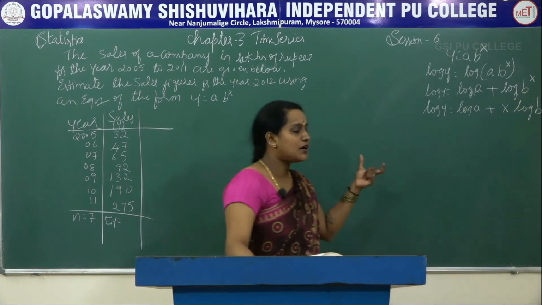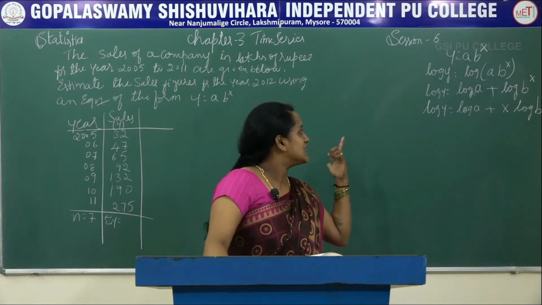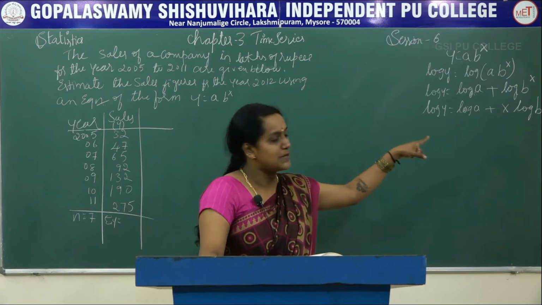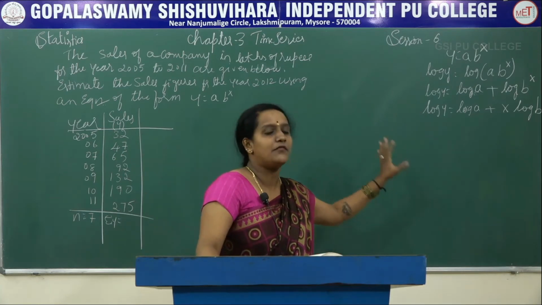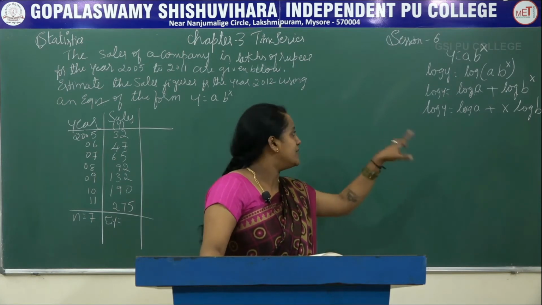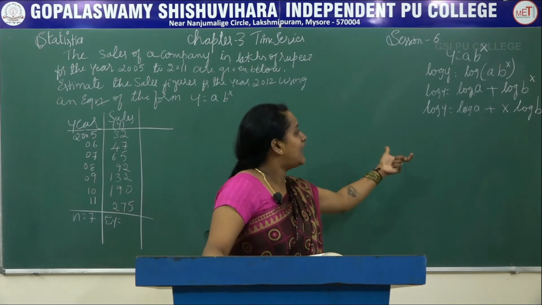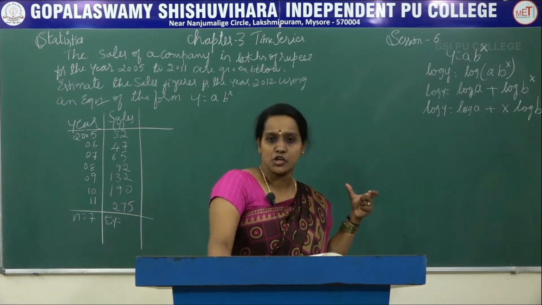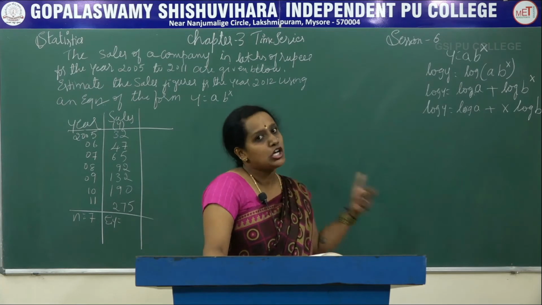You just observe the equation. It is in the form of y is equal to a plus bx only. Since this is an exponential trend, we have taken the logarithm.